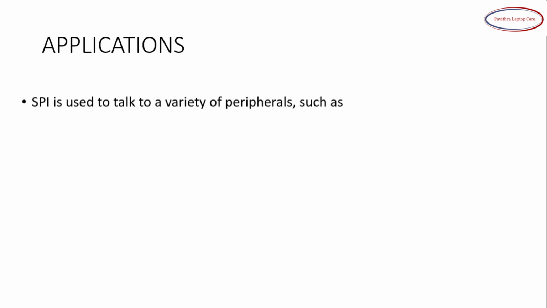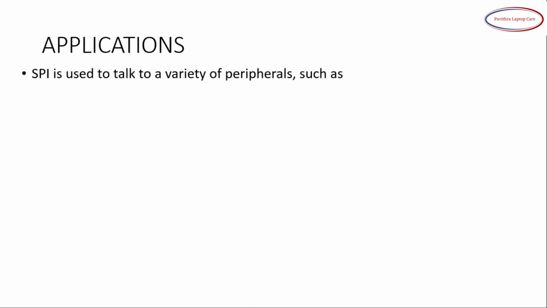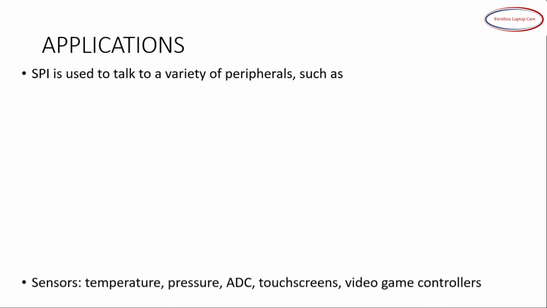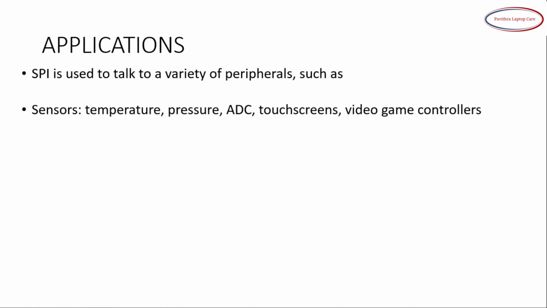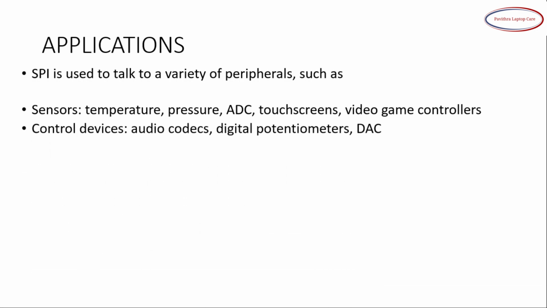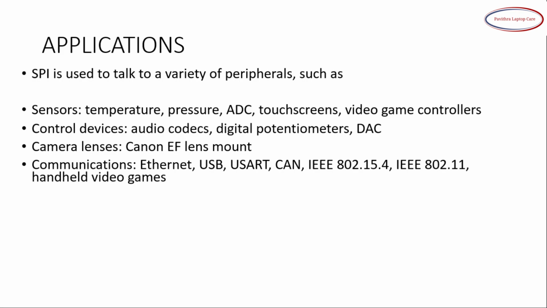Okay. Now, what are the applications of SPI? SPI is used to talk to a variety of peripherals such as sensors, temperature, pressure, analog to digital converters, touch screens, video game controllers, control devices, audio codecs, digital potentiometers, digital to analog converters, camera lenses, Canon EF lens mount, communications, Ethernet, USB, UART, CAN, IEEE, memory flash, and EEPROM.